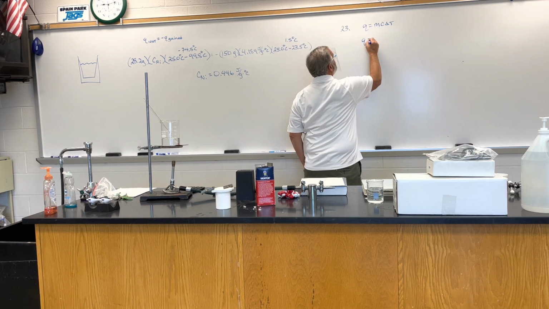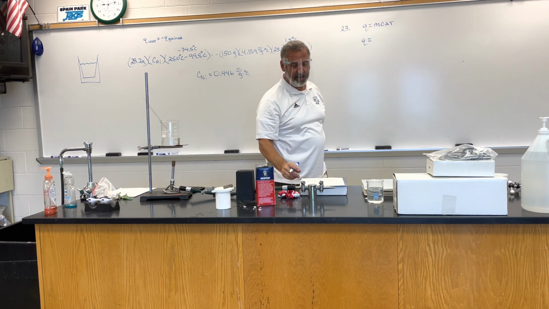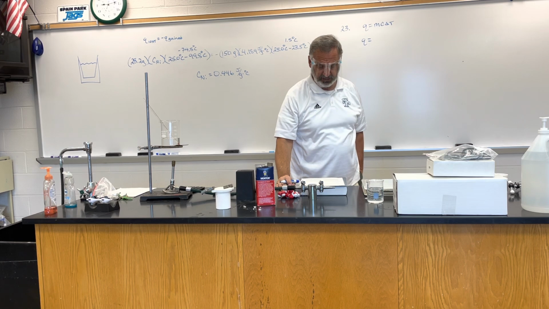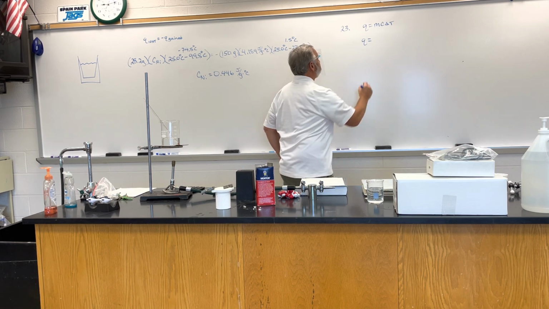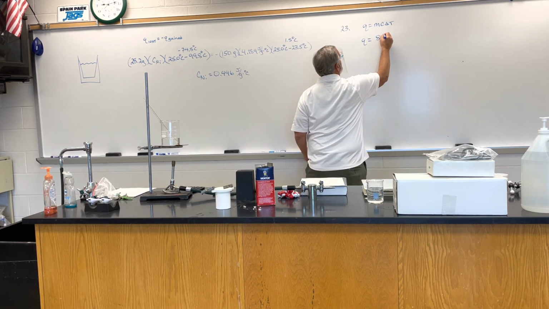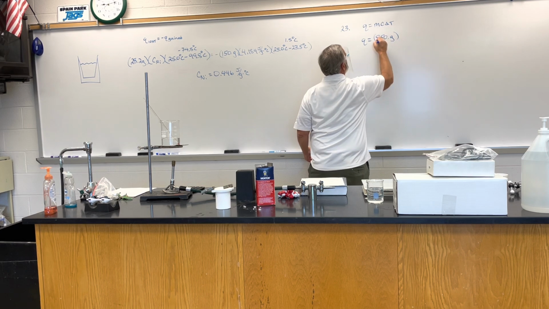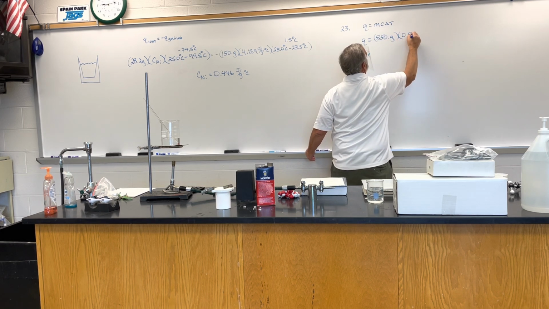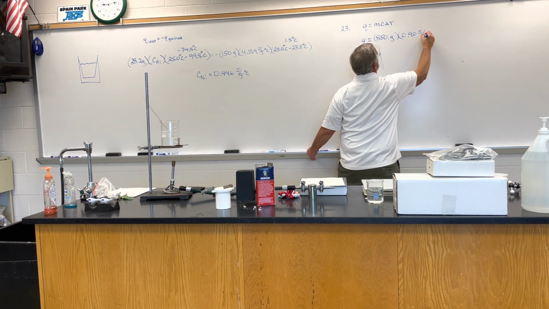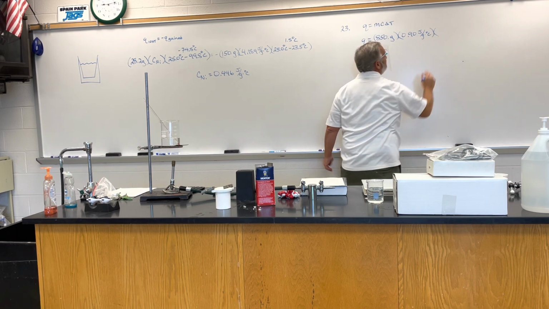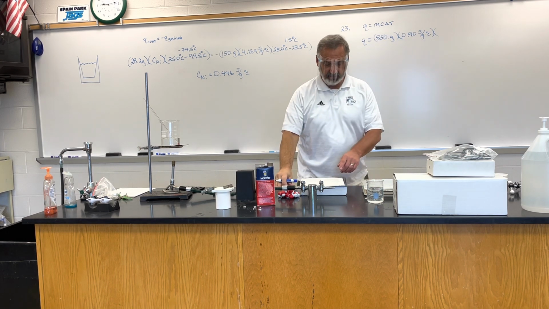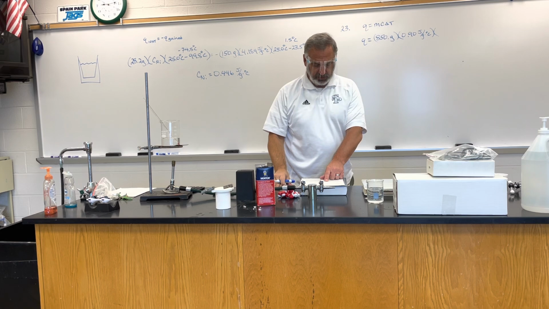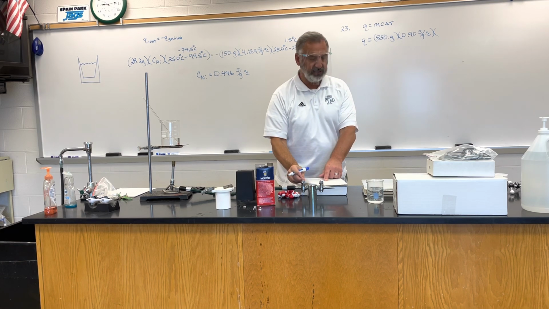So Q is equal to the mass. The mass of the aluminum is 850 grams. The specific heat of the aluminum is given as 0.9 joules per gram degrees Celsius. And the desired temperature change is from 22.8 to 94.6.